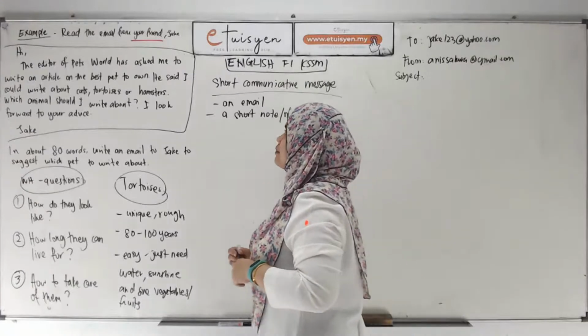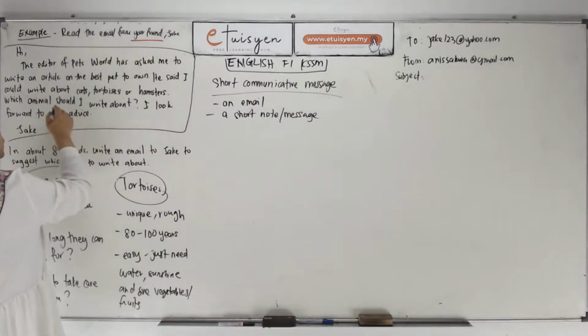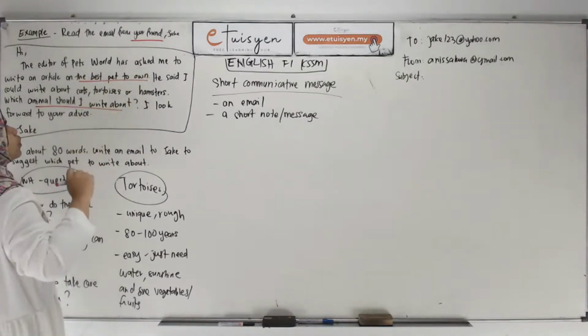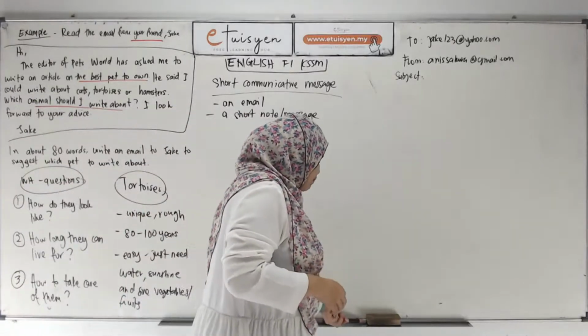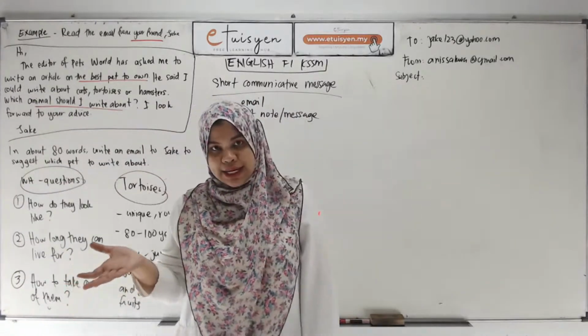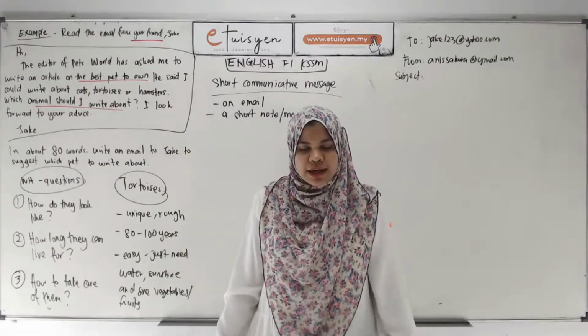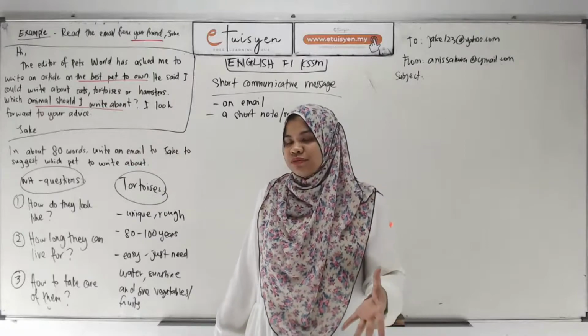Okay, we look at this question again. It's asking which animal he should write about, the best pet to own, either cats, tortoise, or hamsters. So if I were to reply to Jake on his email, I'm going to suggest to him the best pet to own.